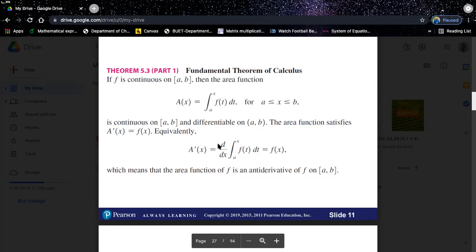That means you're taking d/dx on both sides. Instead of A prime of x, you can write d/dx of A(x), which is precisely A prime of x, right? So if we take d/dx on both sides, with respect to x, then we get A prime of x on our left and the d/dx of this thing on the right. So this theorem says the d/dx of this is precisely f of x.